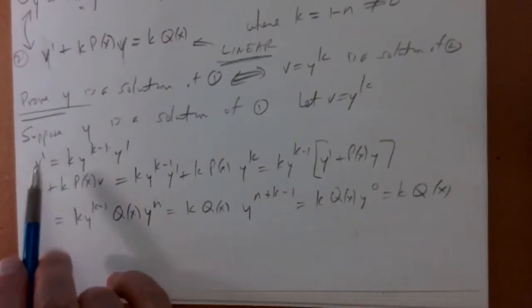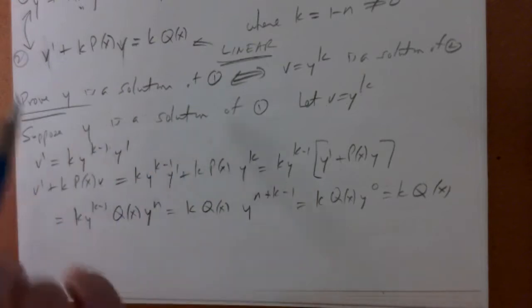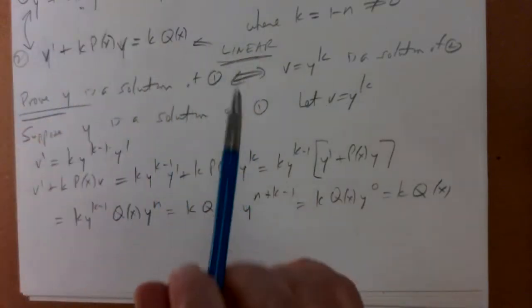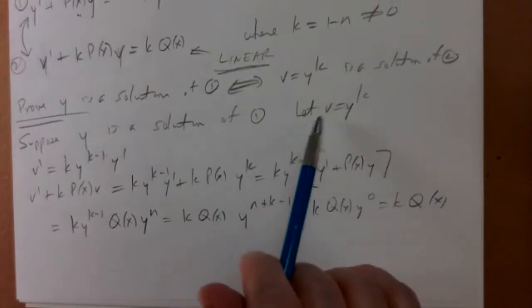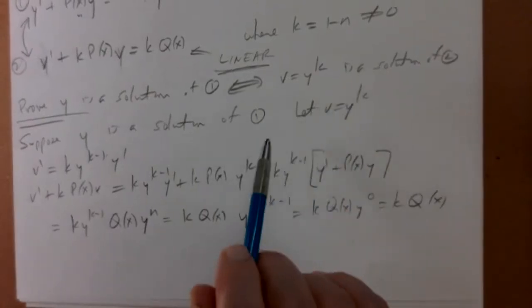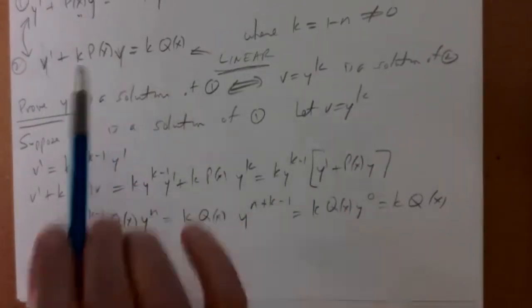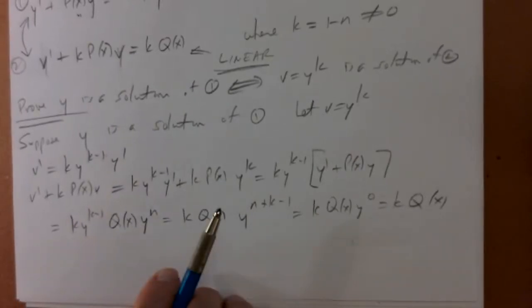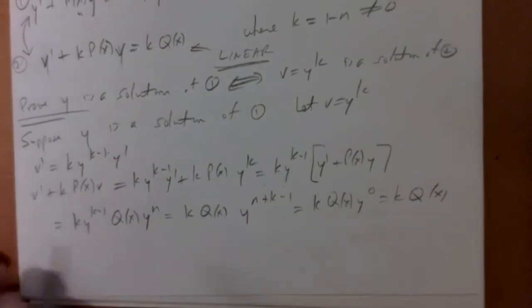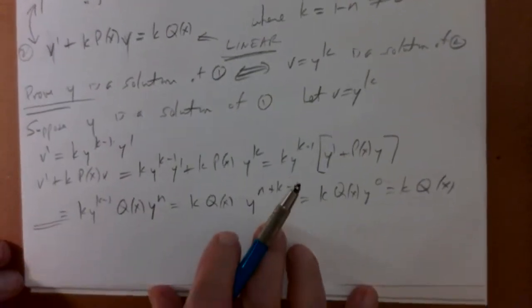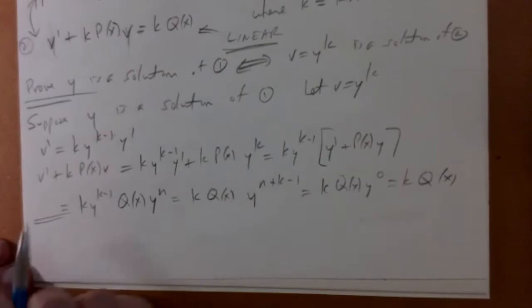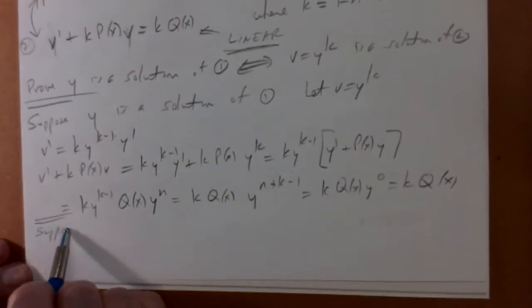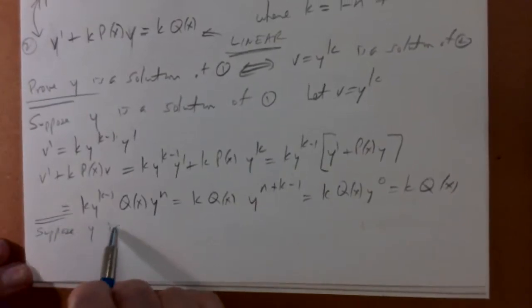Perfect. So if y is the solution of this nonlinear Bernoulli equation, and we let v equal y to the k, then v is the solution of this linear equation. That's what we just proved. Let's see if I can prove the second half in the same space.